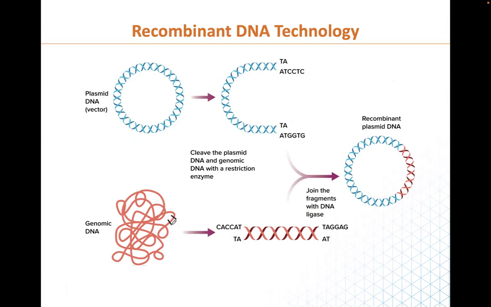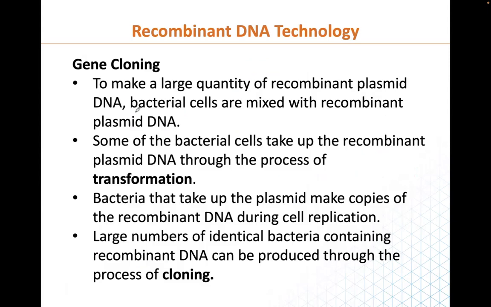It's going to cut at the same position, so they would have the same sticky end. So now you're going to join them together here. Now you have the recombinant DNA, which has the plasmid DNA, the vector, and the genomic DNA. So now it forms one single molecule, which is made by combining two different genetic materials.